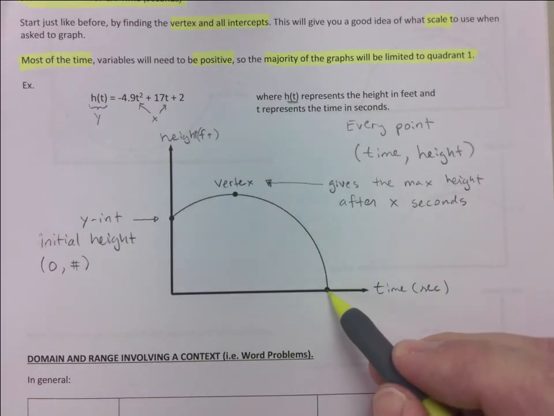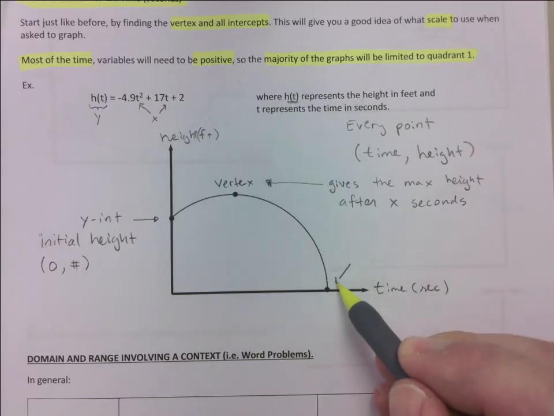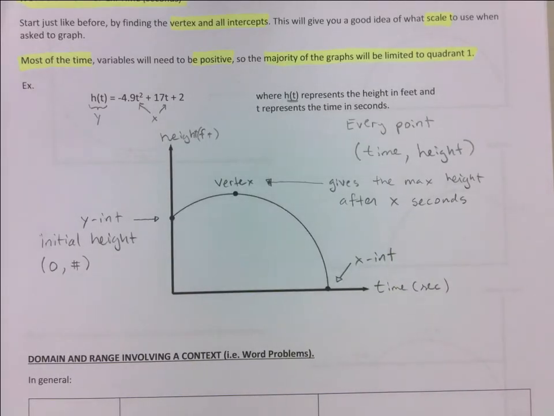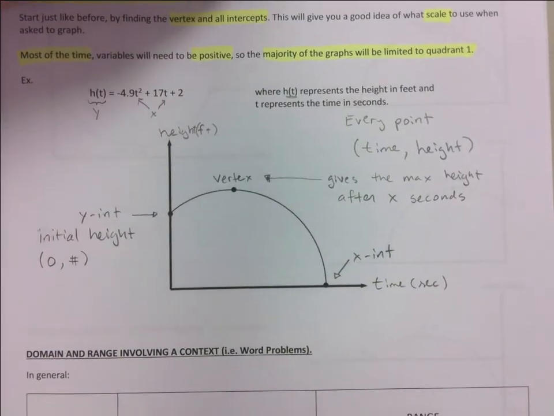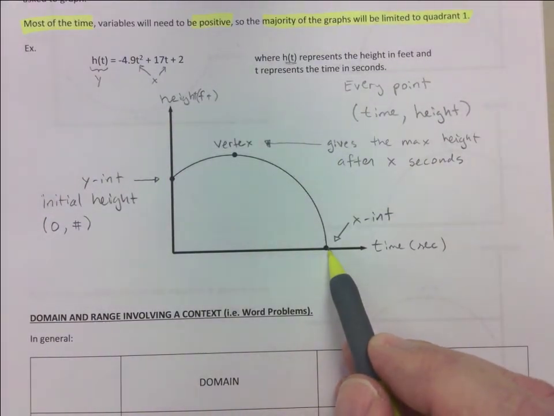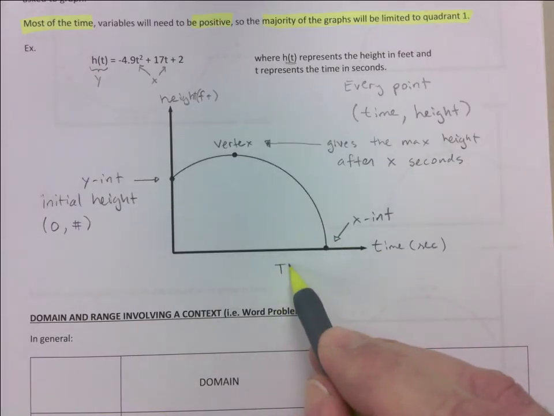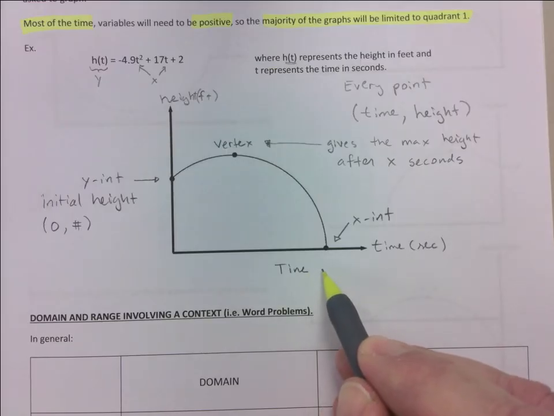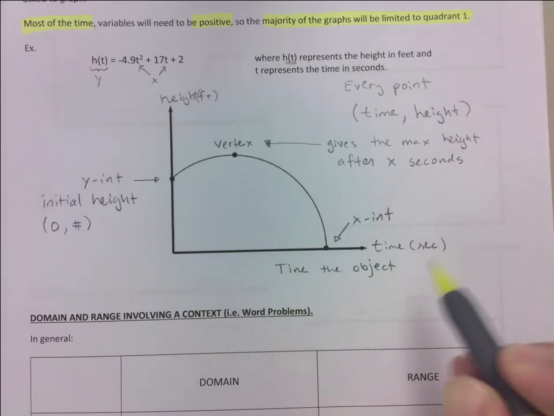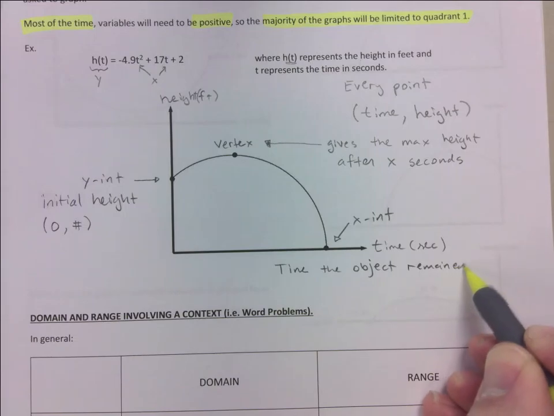And then this point right here, we used to call this the x-intercept, and we still call it that, but within this context, what would you say that tells us? The time it stopped, right? The ball hits the ground? Yes. The time the object remained airborne.